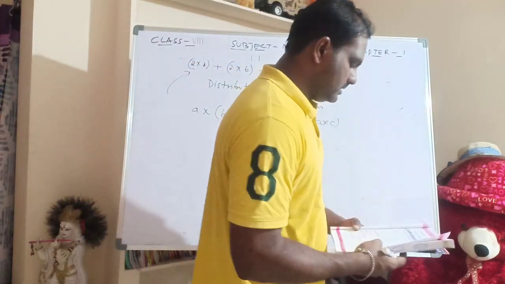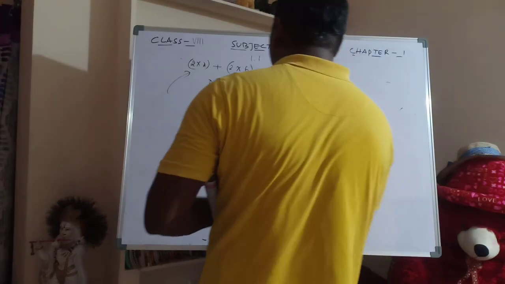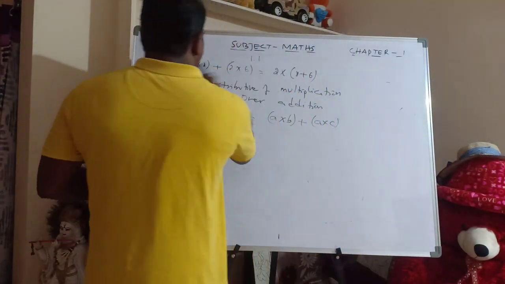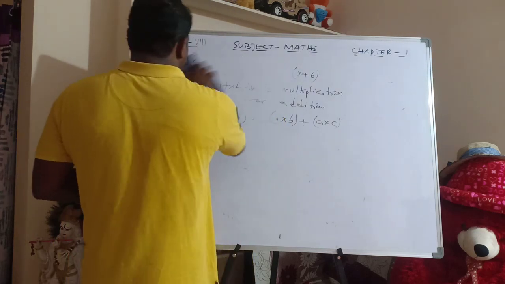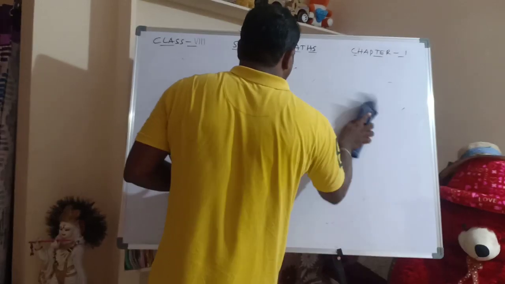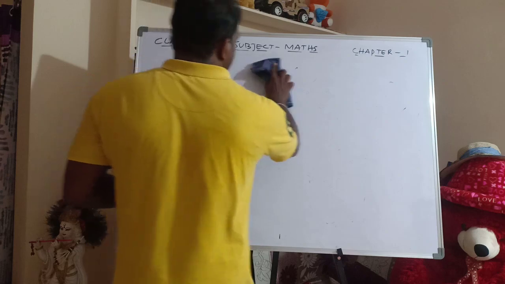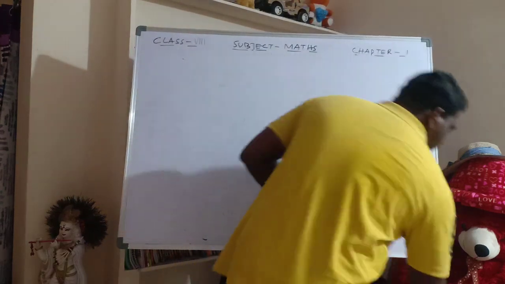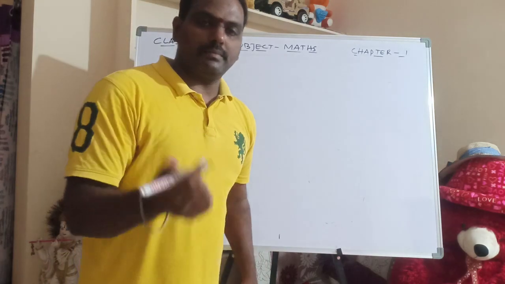Then the second bit: write the additive and multiplicative inverse of the following. Now the question is, he will give some numbers.